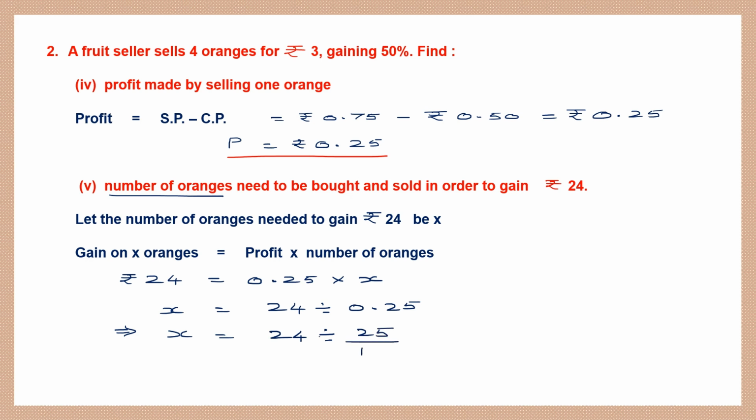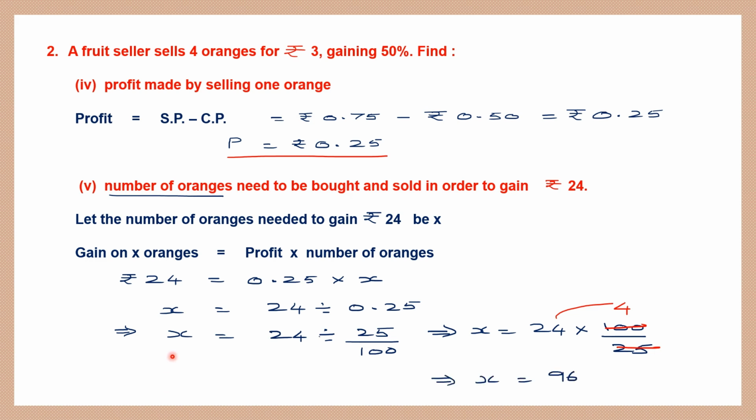I'm writing that as a fraction. Now let's simplify this further. Division changes to multiplication, so 24 into 100 by 25. Now I can cancel 25. 4s are 100. Multiply 24 into 4. We get 96. That means x is equal to 96.